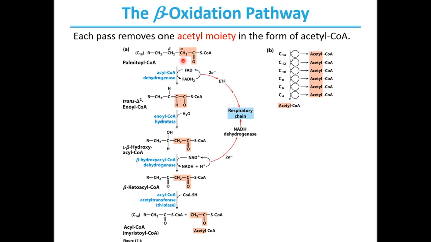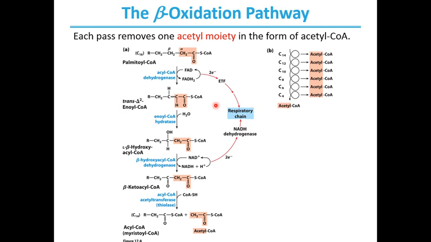At the same time, it oxidizes palmitoyl-CoA by introducing a double bond between the alpha and the beta carbon. The new molecule formed is called trans delta 2 enoyl-CoA, and as the name suggests, it has a trans double bond, unlike the naturally occurring cis fatty acids.